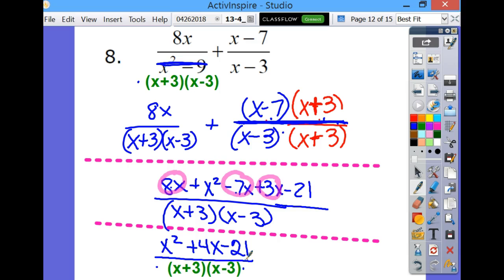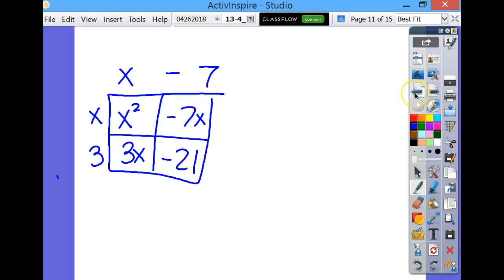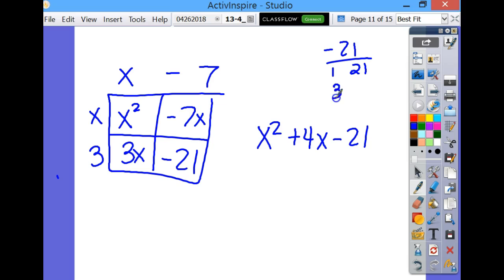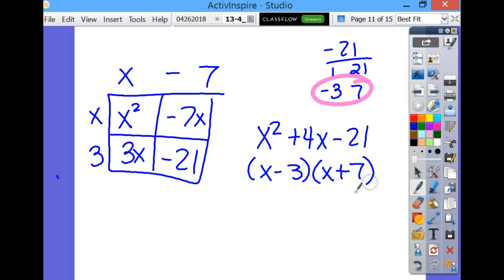Now, don't circle that as your answer, because this will factor. So I go back over here to my scratch paper, x squared plus 4x minus 21. That adds up to negative 4. This factors into, that's why scratch paper is handy.